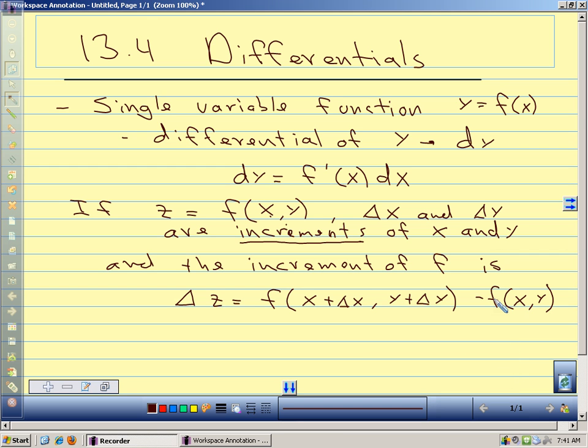And we'll draw a little picture to show what we're talking about here. So we're just changing x and y, and we want to figure out how our function changes when we change x and y. So you guys good with this? Okay.